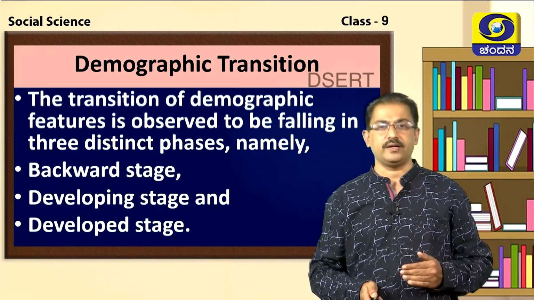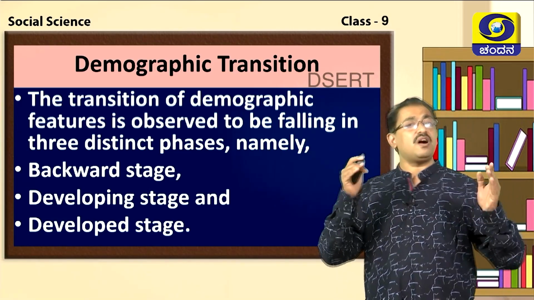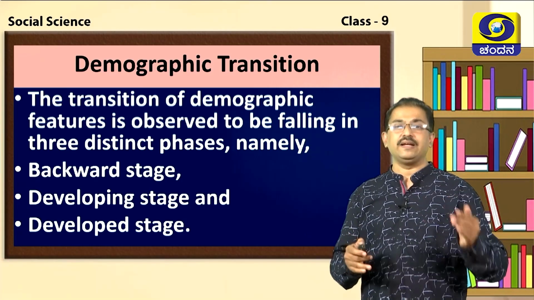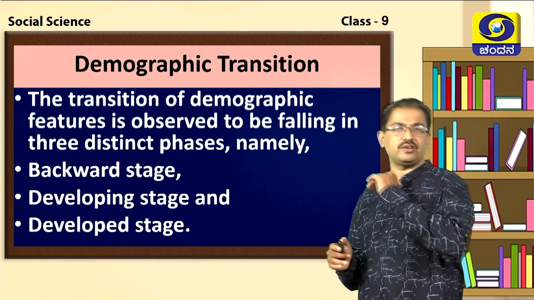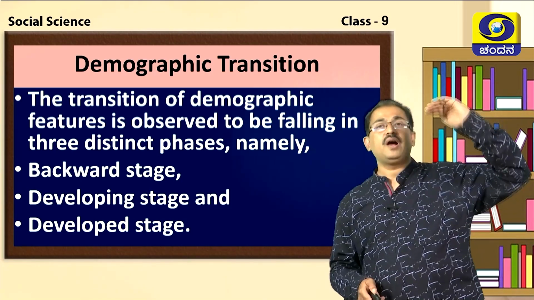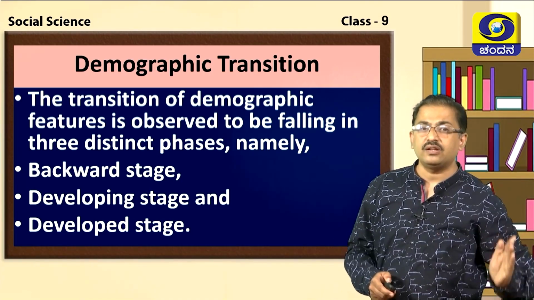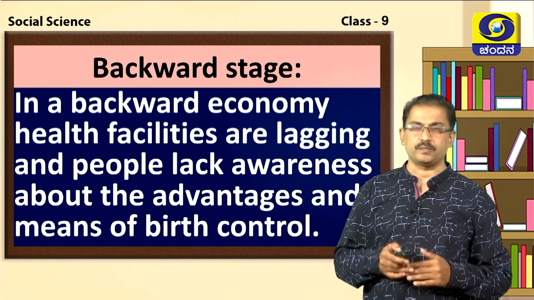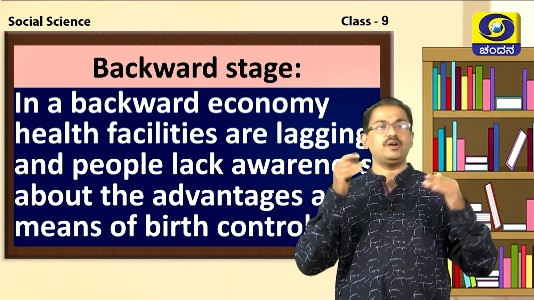That is very important. The transition of demographic features is observed to fall in three distinct phases, namely backward stage, developing stage and developed stage. These are the three levels of demographic transition. Now, let us see the backward stage.